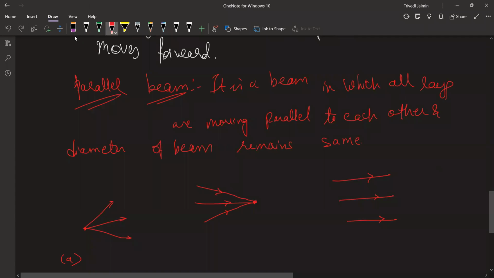The first one is divergent, not convergent, because they are moving away from each other and the arrows point towards the other side. So they are divergent. This is convergent, and the last one is parallel.